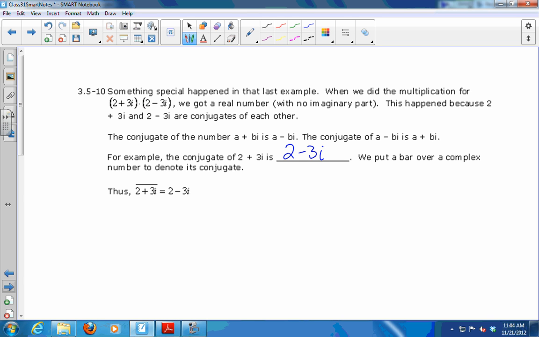And we put a bar over a complex number, instead of writing the conjugate of 2 plus 3i, we just write this. That means the conjugate of 2 plus 3i, which would be 2 minus 3i.